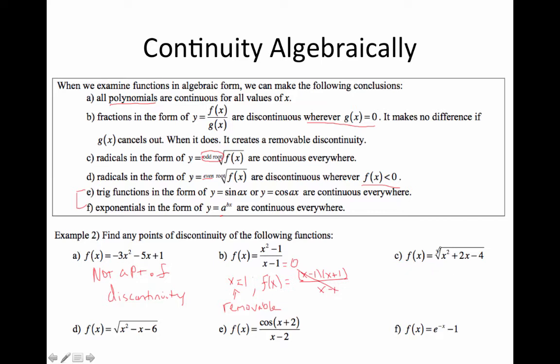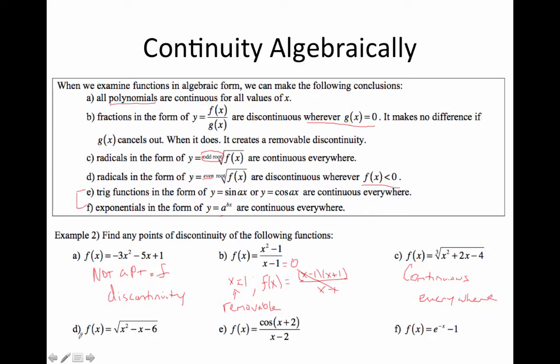Okay, C, we have a root, but it's an odd root, so this one's going to be continuous everywhere. There's no issues with negative roots for cube roots, so there's no points of discontinuity. You could take a look at D, E, and F, same kinds of ideas.